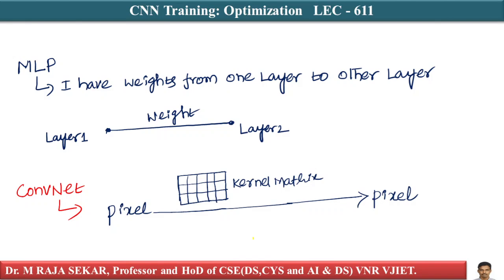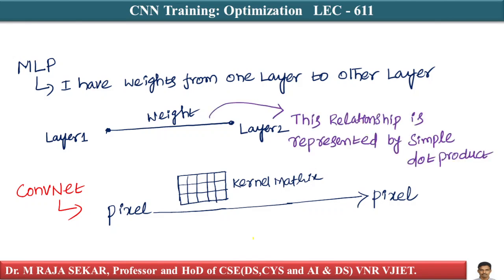I can represent the relationship between this and this. In the context of a multi-layer perceptron, I can represent the relationship between layer 1 and layer 2 using a simple dot product, isn't it?